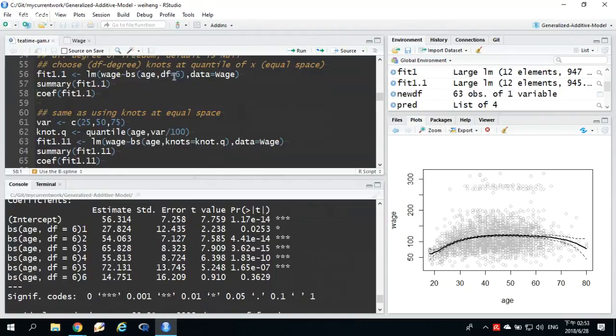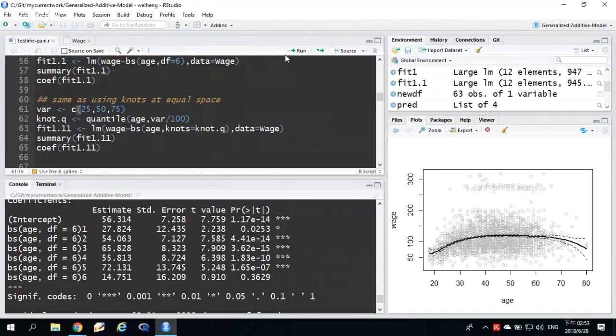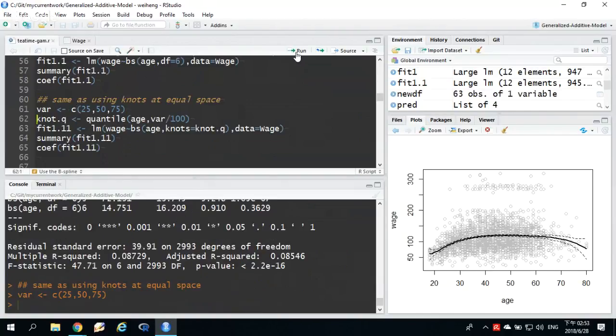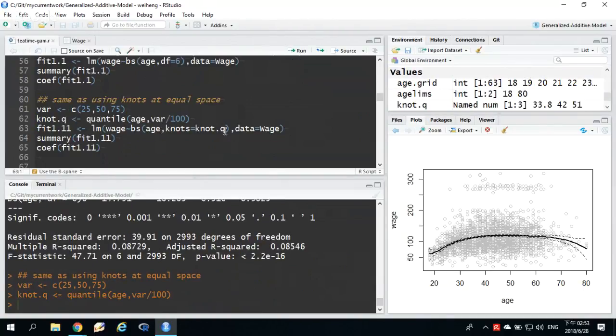For example, in this case, we have 3 knots, and therefore we have 4 regions, which means that if we have equal spacing, we put the knots at the 25, 50, 75 percentile.